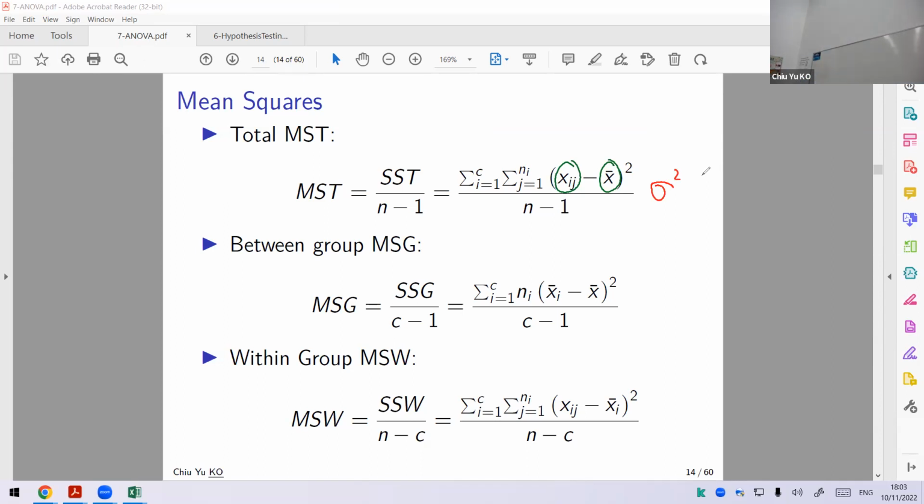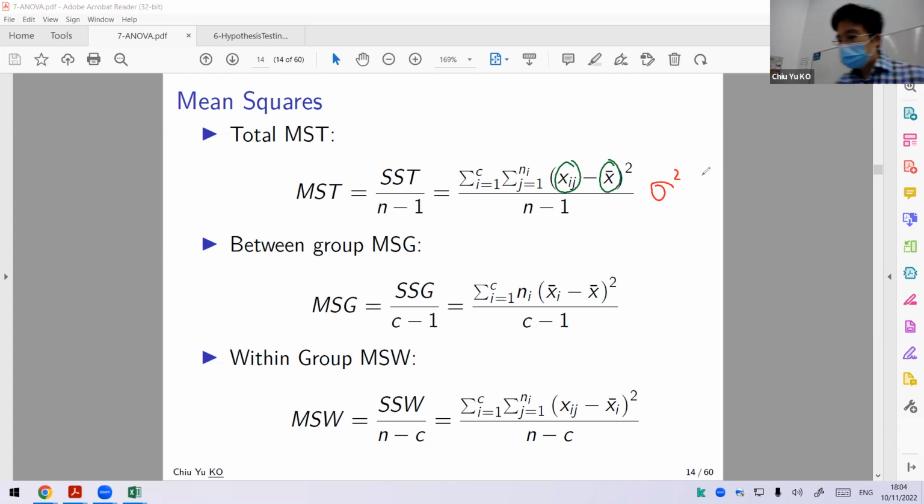Each observation minus the mean, squared, divided by n minus 1. This is just the sample variance if you don't look at the groupings. Look at all the data and calculate the distance from the overall mean, squared. It's just the simple sample variance.